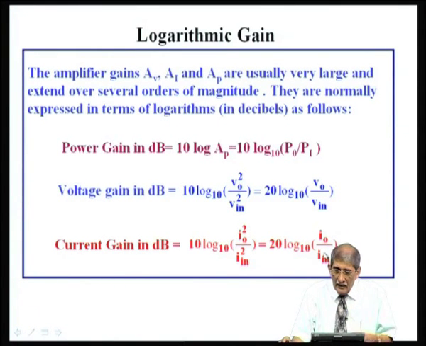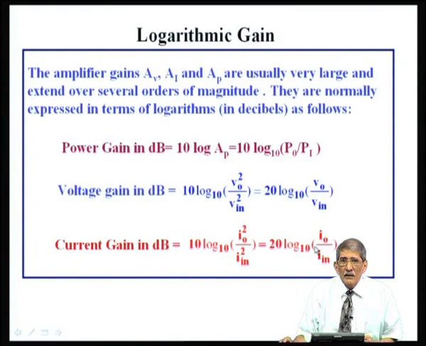And if I naught is less than I in, the term will become negative. The logarithm of 1/10 is minus 1, so minus 20 dB it will be if the ratio is 1/10.